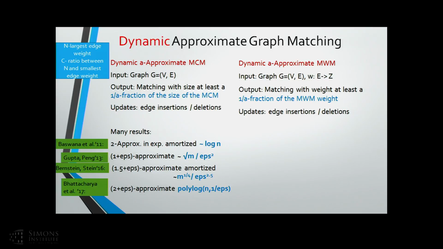For example, if you allow randomization and amortization, you can actually perform updates in logarithmic time and get a 2 approximation. If you want a 2 plus epsilon approximation, you can get rid of the randomization and also get worst case. So we really have a lot of results for maximum cardinality matching.